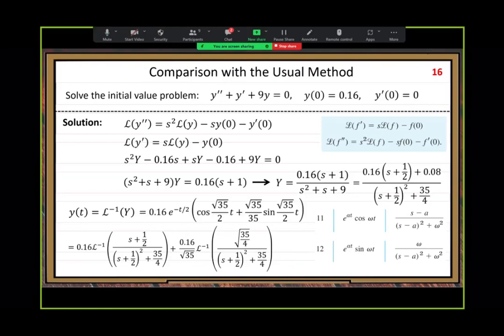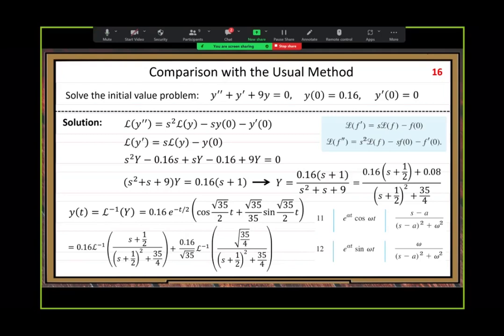Common factor, we factor e to the -t/2 out, and that constant 0.16 out. Inside the parenthesis, the first term is cosine omega t. Second, this one, root 35 over 35 times sine omega t.